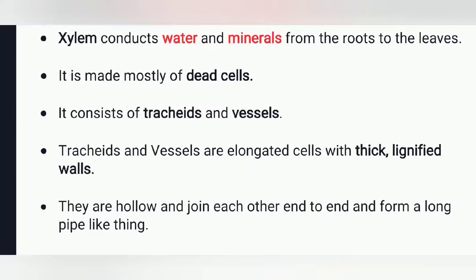Now, what is meant by tracheids and what is meant by vessels? Both are the cells of xylem tissue, but there is a difference between tracheids and vessels. Both the cells conduct water from the root to other parts of the plant, but tracheids have got perforations.